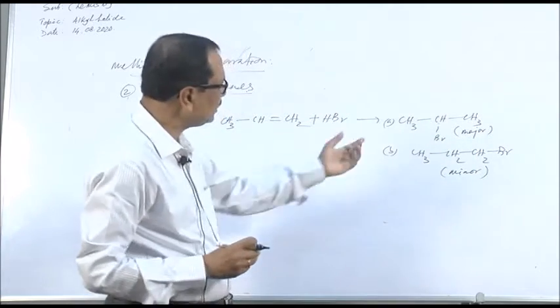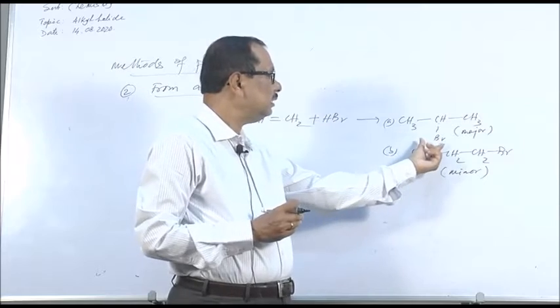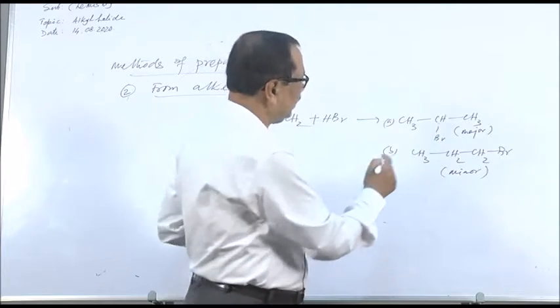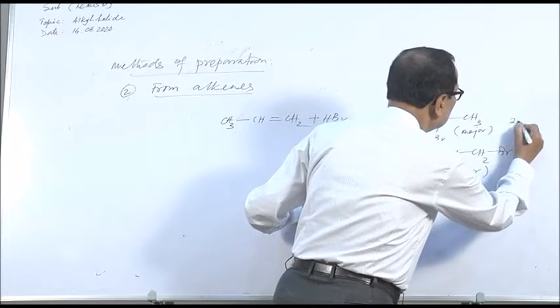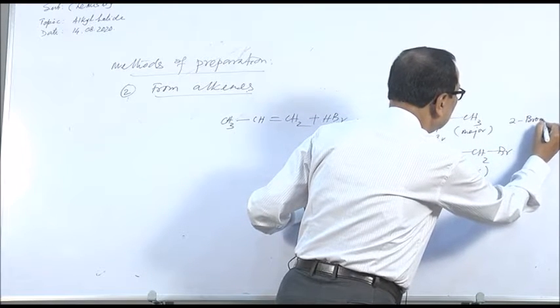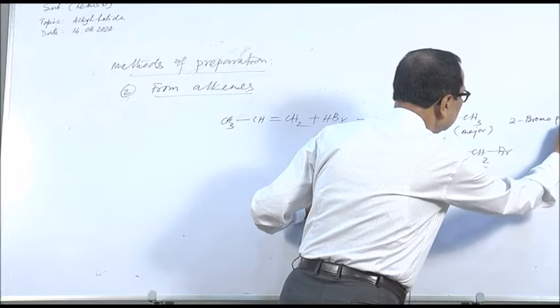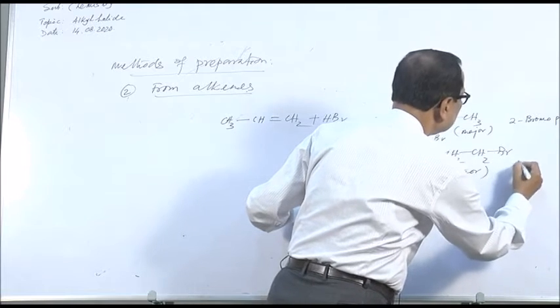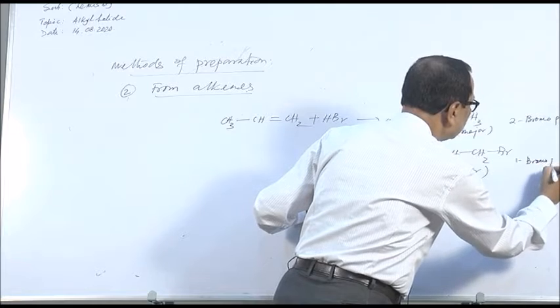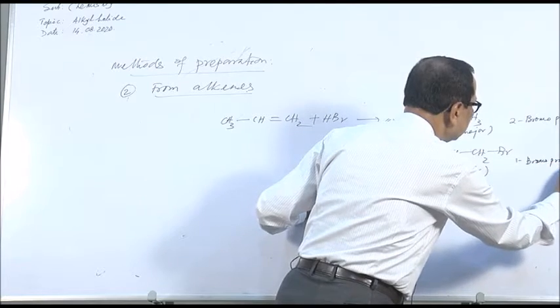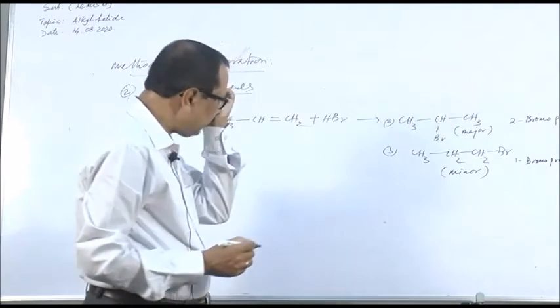That means 80% of the product will be 2-bromopropane, and 20% will be 1-bromopropane. So this reaction is as per Markovnikov's rule.